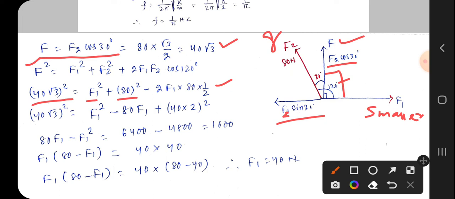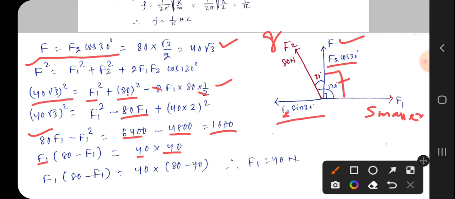So 40 root 3 whole squared is 4800. The 2 and the 1 by 2 cancel, leaving 80 F1. 80 squared is 6400. Bringing terms to the left side, 80 F1 minus F1 squared equals 1600. Taking F1 common, F1 into 80 minus F1. So 1600 can be written as 40 into 40.